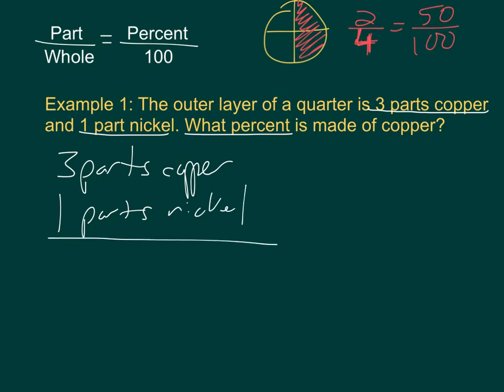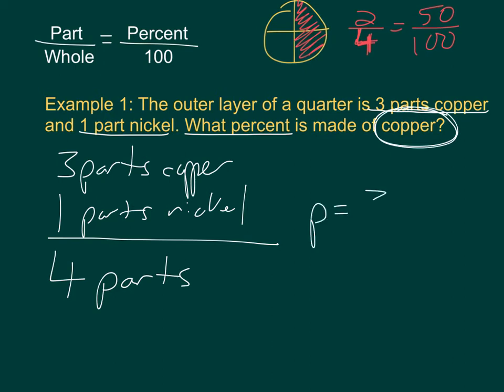So my total is 4 parts. What am I interested in? The copper. So the part that I'm interested in, 3 parts copper, over the whole, 4 parts.